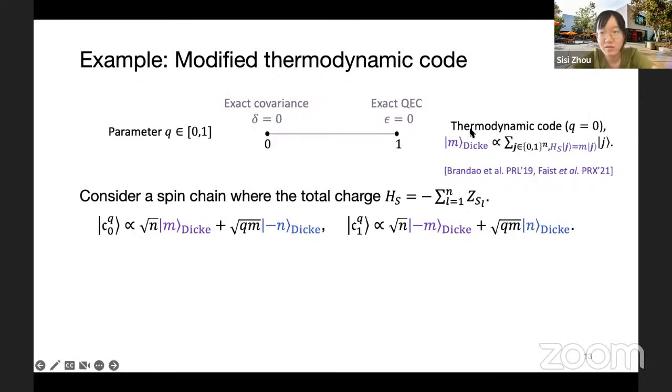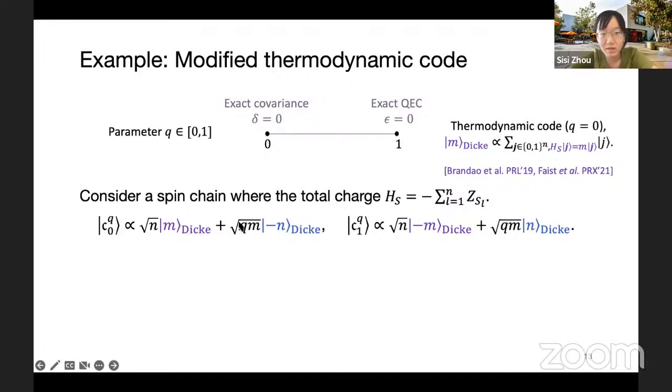It is given by the ground state of a spin chain. If we consider this n spin chain and use this charge operator as the sum of Pauli Z operators, the ground state is the symmetric state, which is the energy eigenstate of this charge.